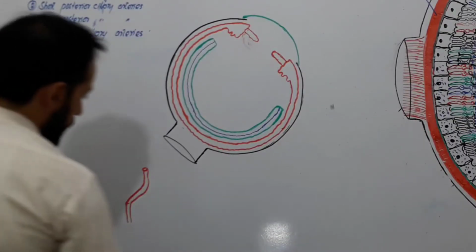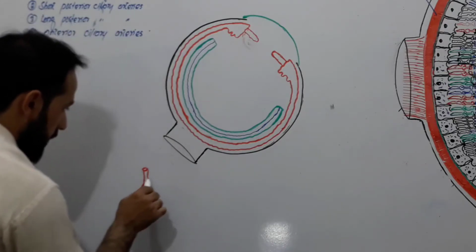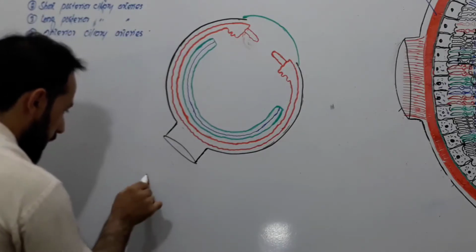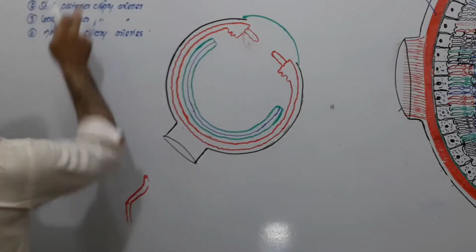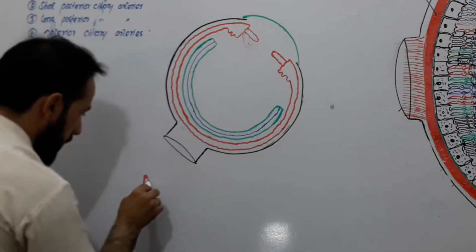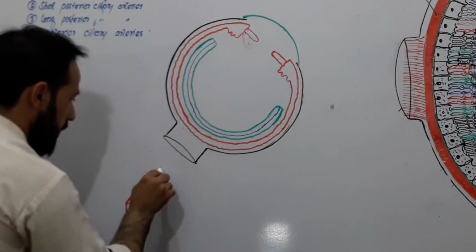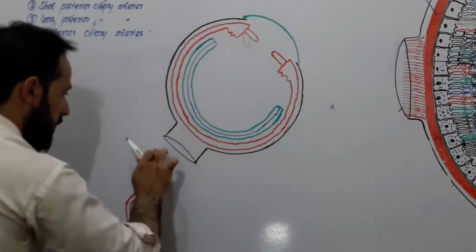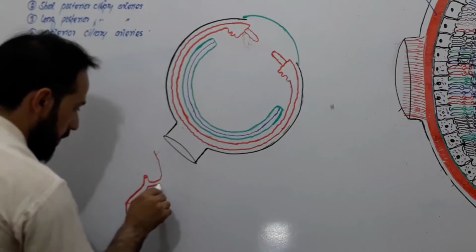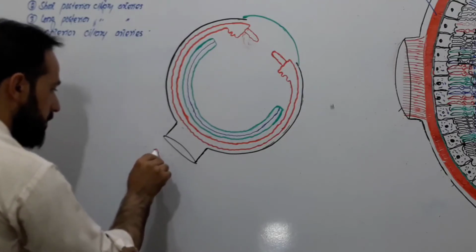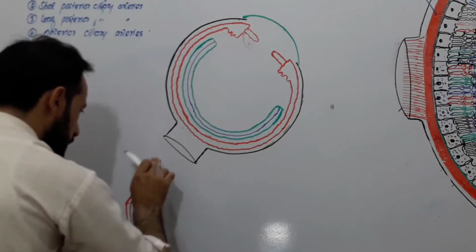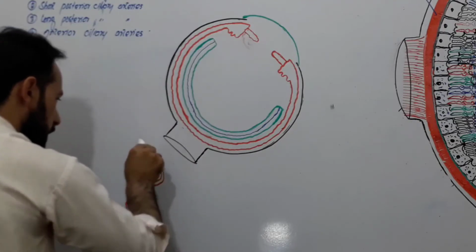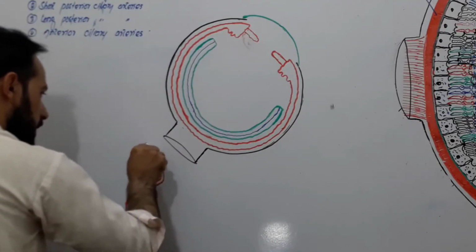This internal carotid artery will give a branch, and you know that branch is called your ophthalmic artery. Just consider that this is your ophthalmic artery. Let me make it a little bit straighter. This is our ophthalmic artery.